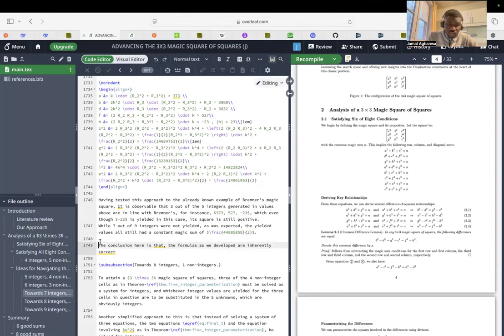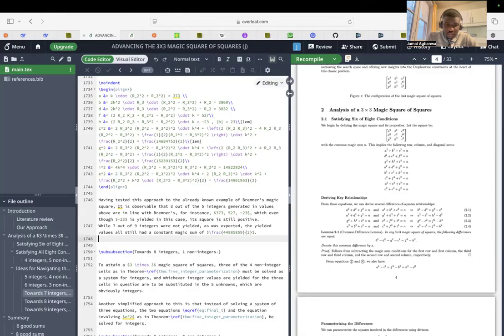Right now I think I'll just move this. I don't have any idea of anything else to add. So I think I'm done.